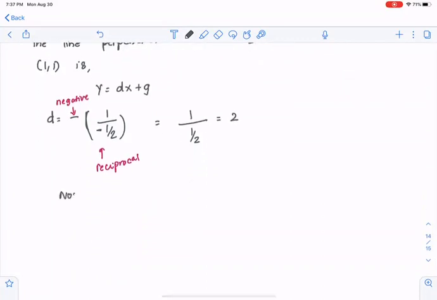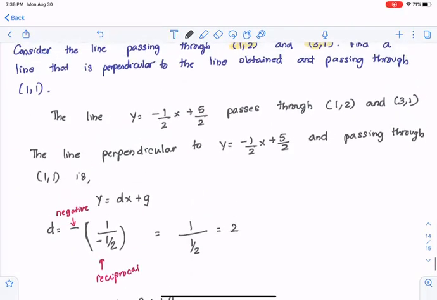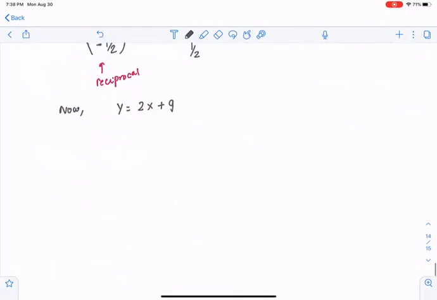Now, y would equal 2x plus g, because we just computed d to be 2. So at the point 1, 1, the value of y is 1, and the value of x is 1.